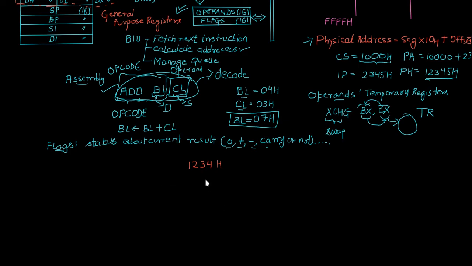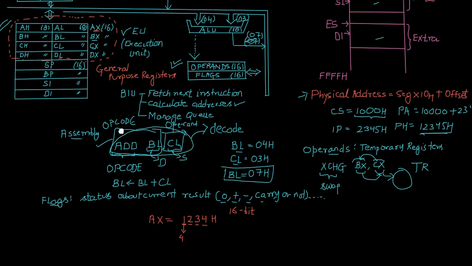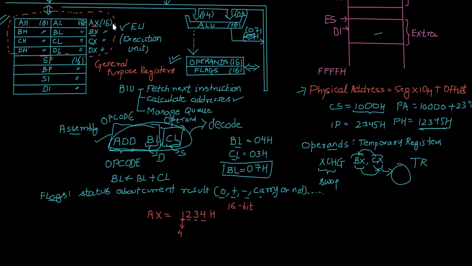Each digit is of 4 bits, so 4 times 4 means this is 16-bit data. So you can directly store this whole 16-bit data in the AX register, and the reason is because it is of 16 bits.